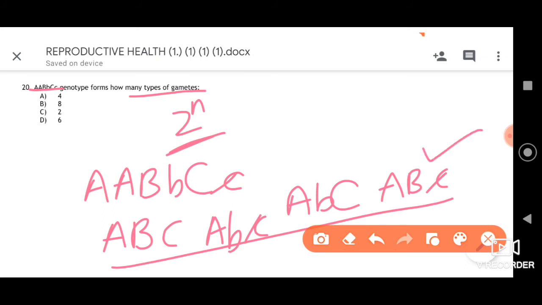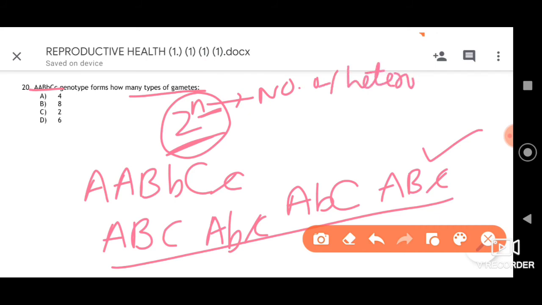Instead of that, directly you can go for 2 to the power of n, where n indicates the number of heterozygote alleles present in the genotype.